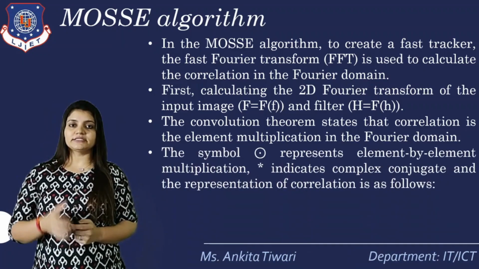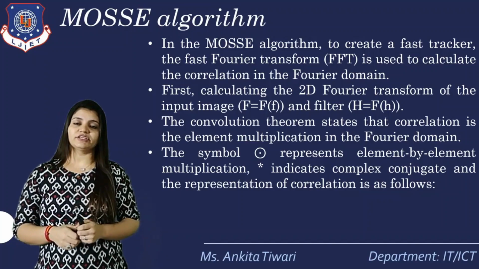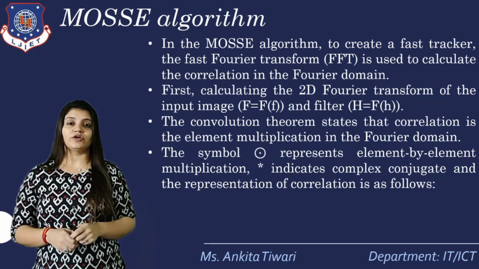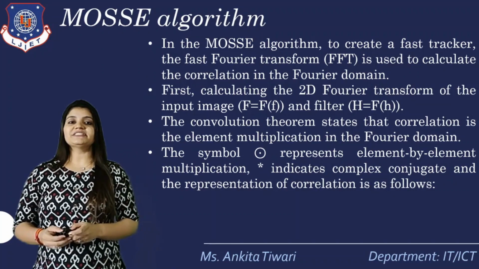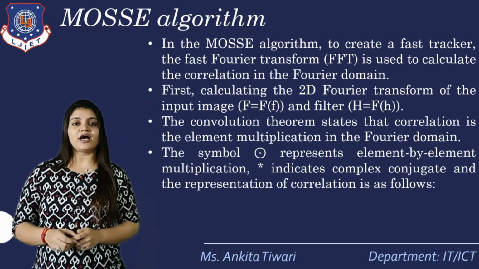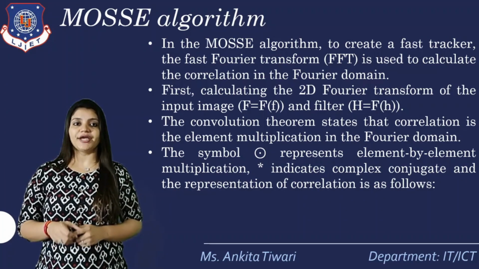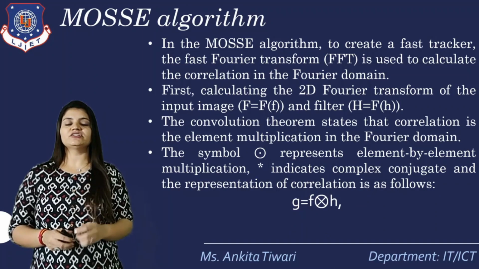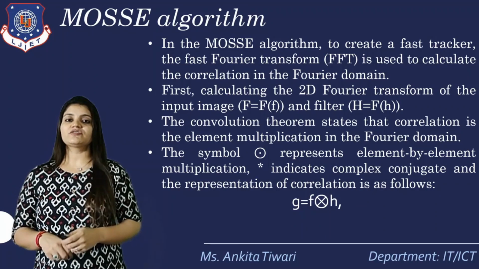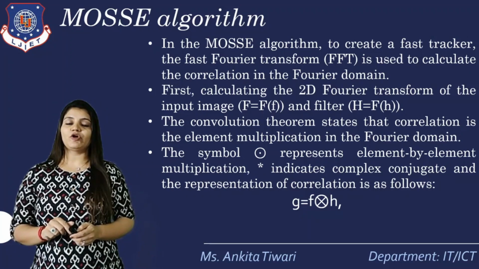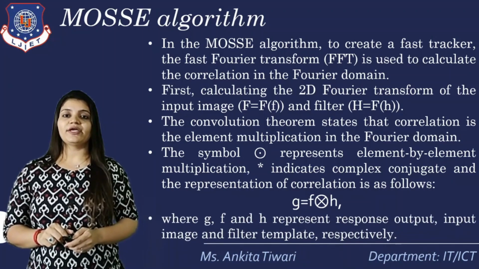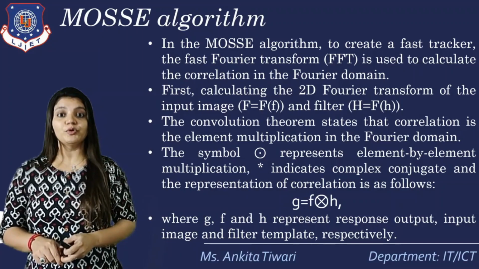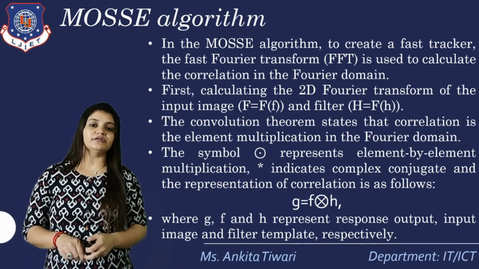The symbol, the circled dot, represents element-by-element multiplication, and the star indicates the complex conjugate. The correlation is defined by the formula G = F ⊙ H*, where G, F and H are the response output, the input, and the template parameter respectively.